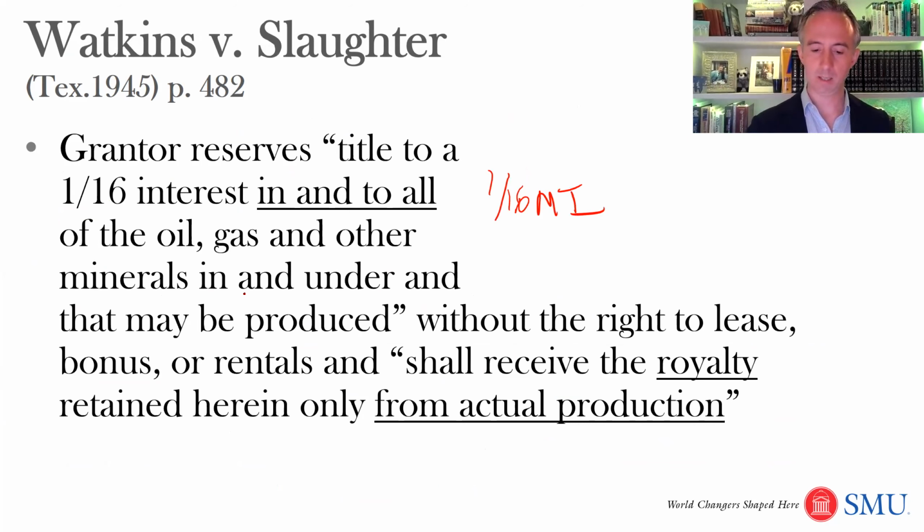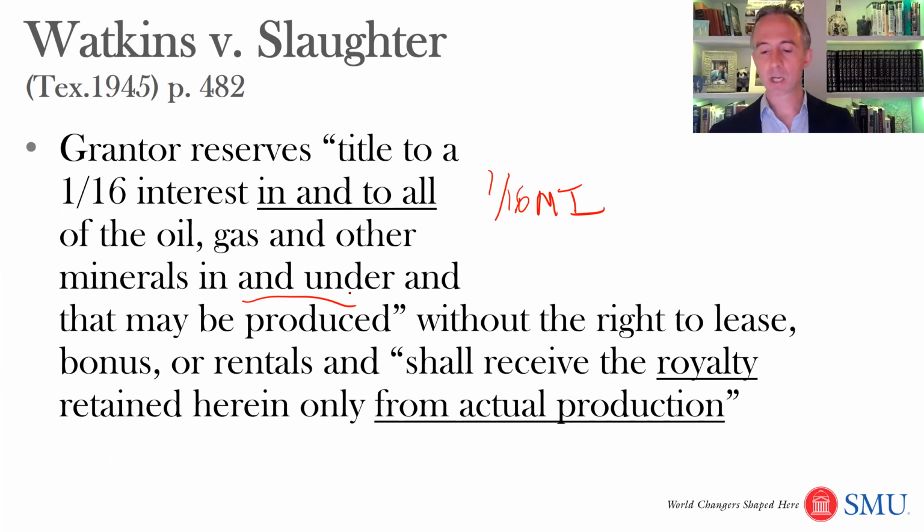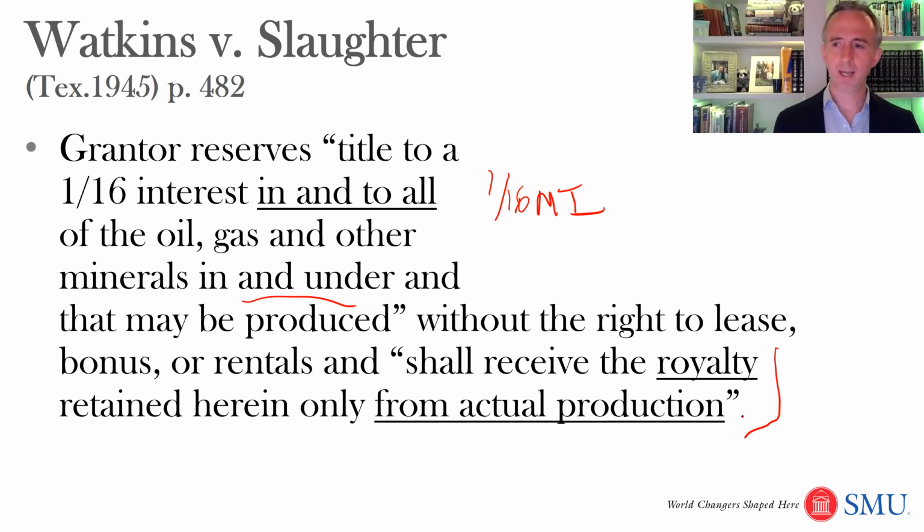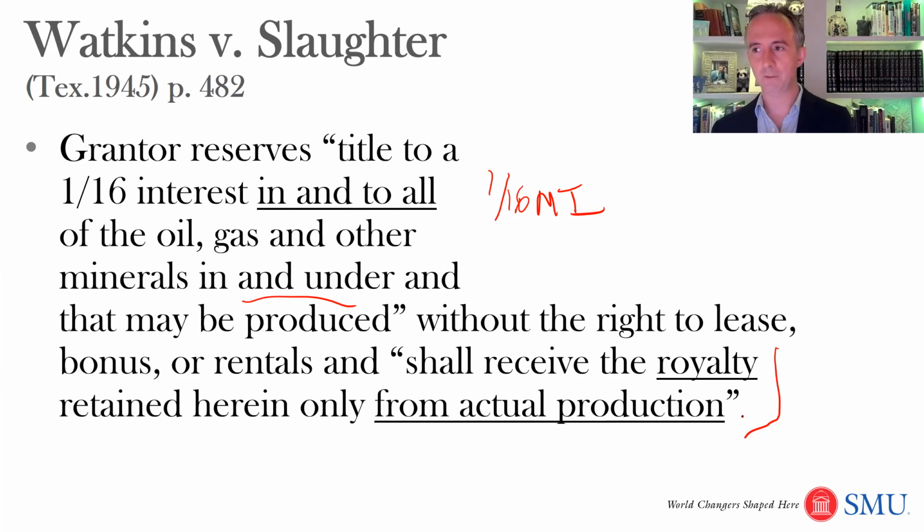Because it says in and under. Without the right to lease, bonus, or rentals, and it said that the grantor shall receive the royalty retained only from actual production. Okay, so again, you might think, okay, you gave the mineral interest, but then maybe you strip the other stuff out.